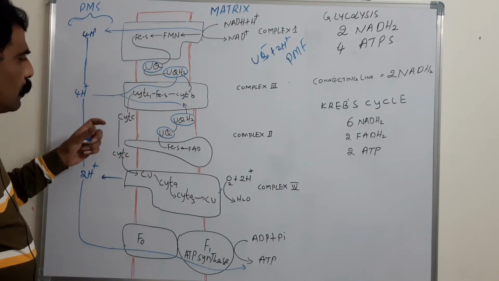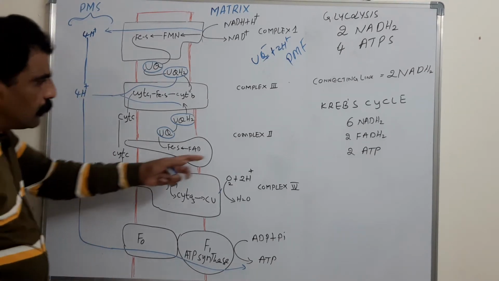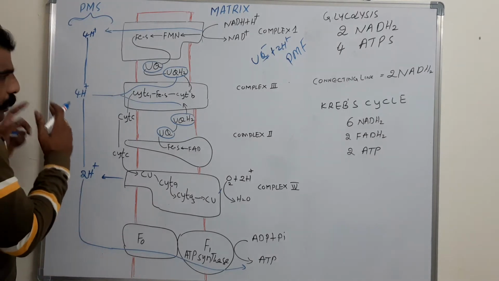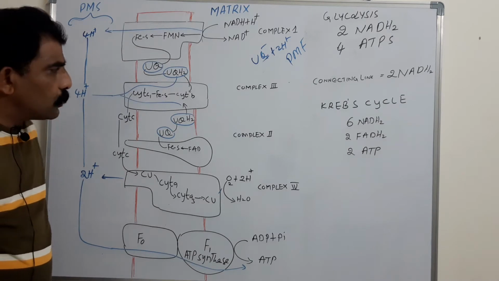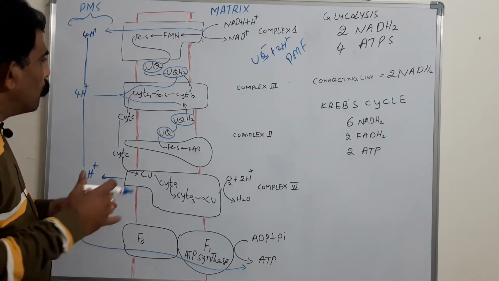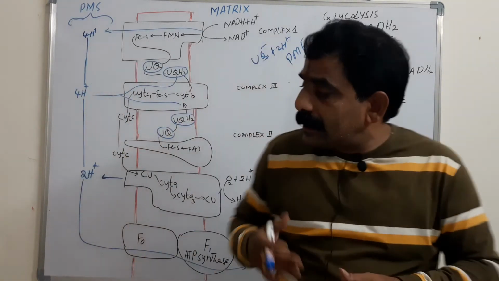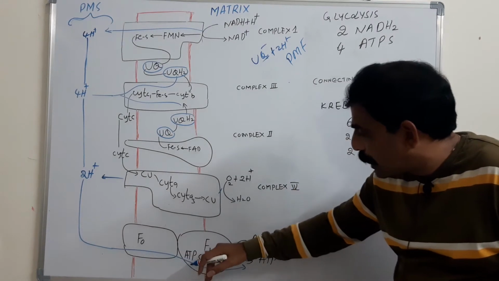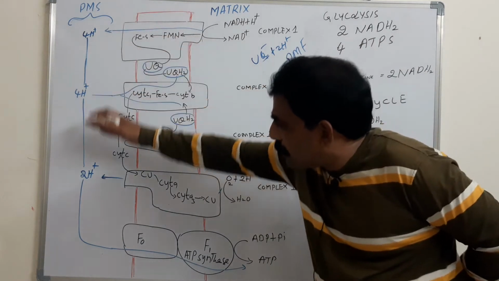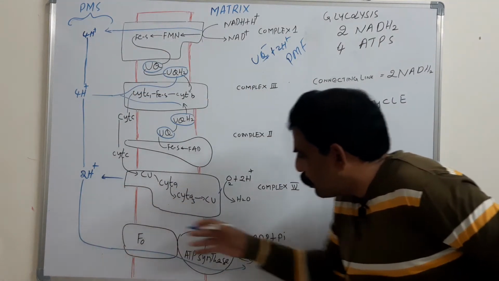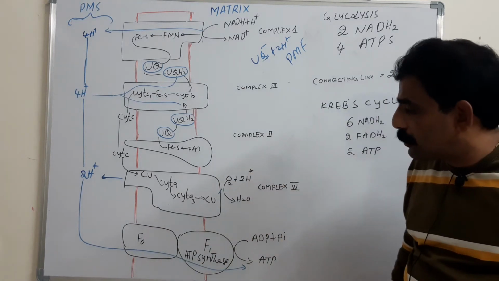Now what happens? As usual, here the concentration of protons is increased, here decreased. From high concentration to low concentration, protons flow back. We know very well the movement of ions from higher concentration to lower concentration. This is facilitated by these F0, F1 particles. So from high to low, now the protons will flow back, breaking the concentration gradient.